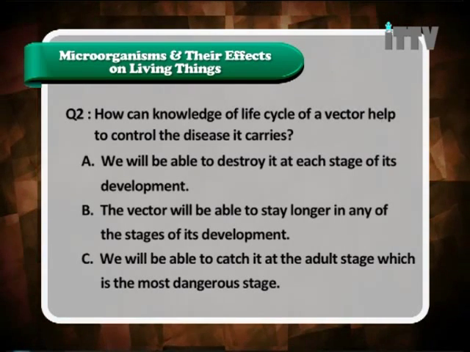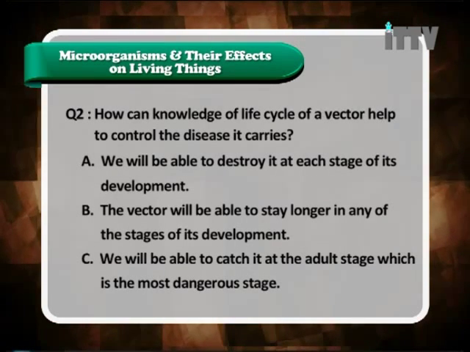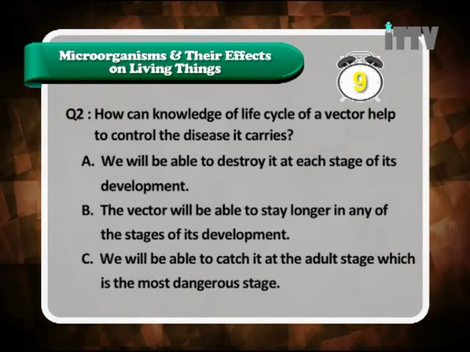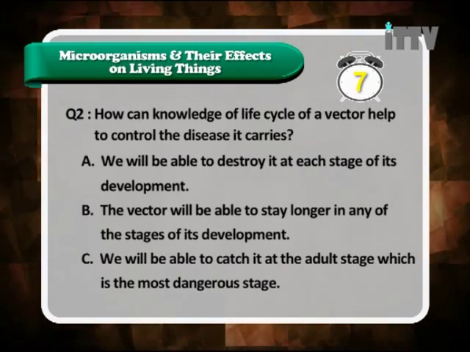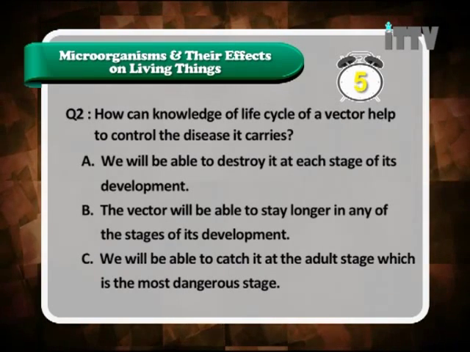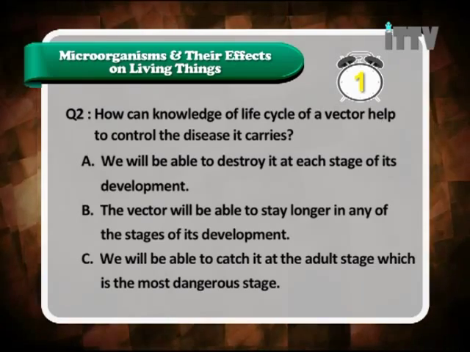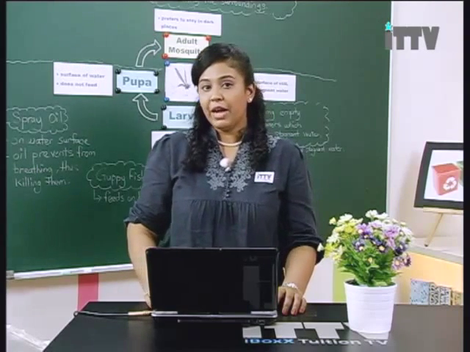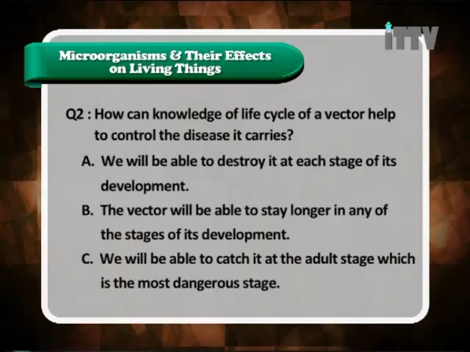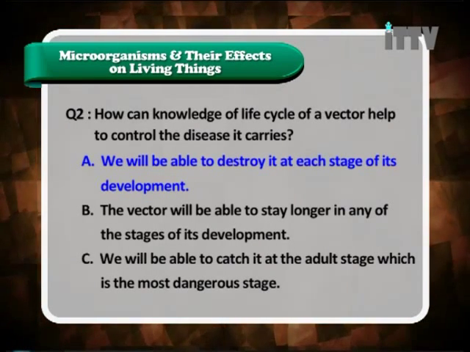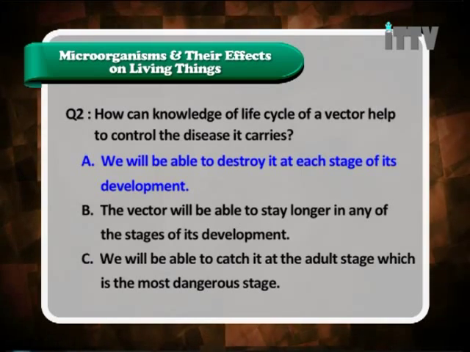C. We will be able to catch it at the adult stage, which is most dangerous stage. So from here we understand the answer is A. It's very obvious because we will be able to destroy it at each stage of its development.